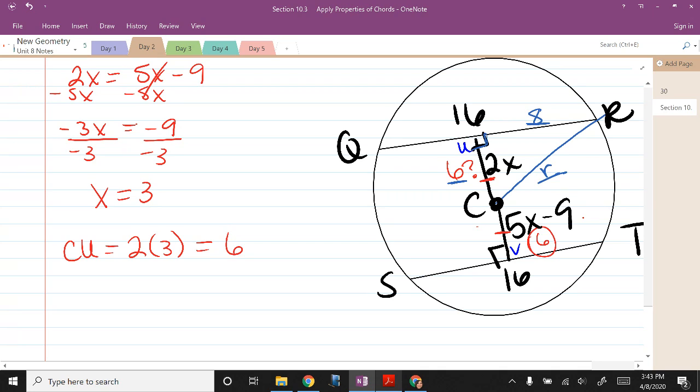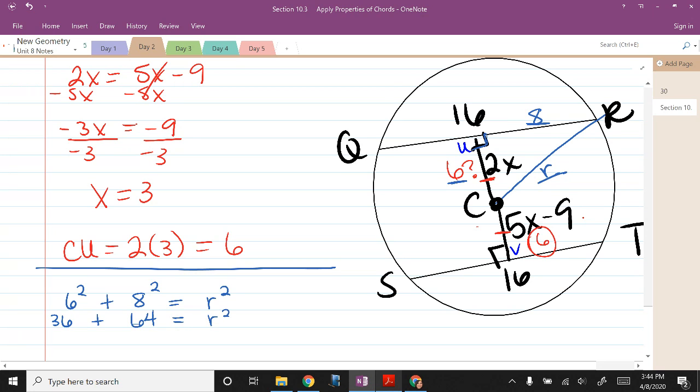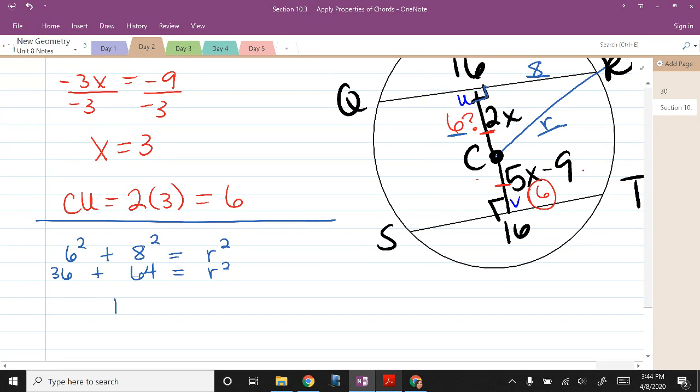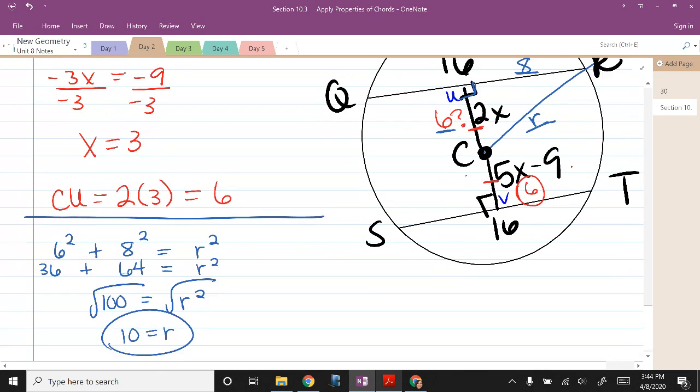So you're going to plug it into the Pythagorean theorem to get r. So 6 squared plus 8 squared equals r squared. 6 squared is 36, plus 8 squared is 64, equals r squared. Oh, nice. 36 plus 64 is 100. And you take the square root, and that would give you 10 equals r. So the radius of that circle would be 10 units.